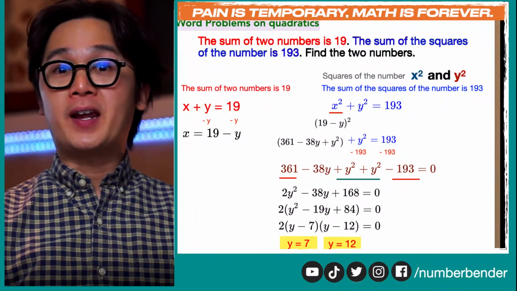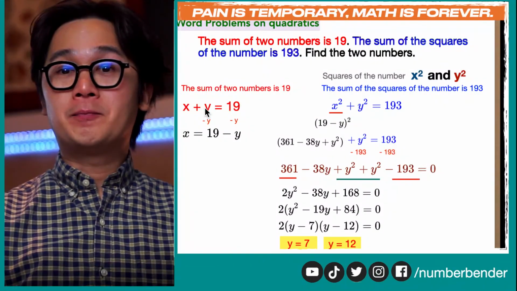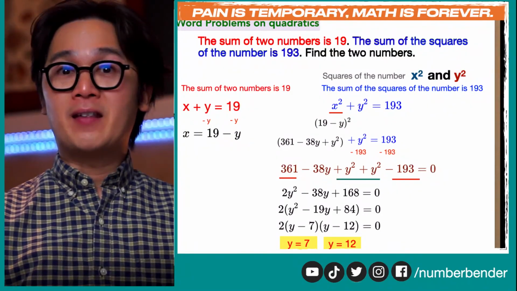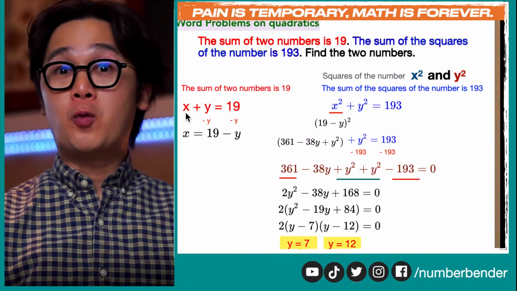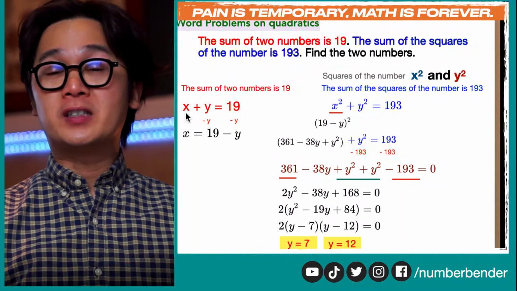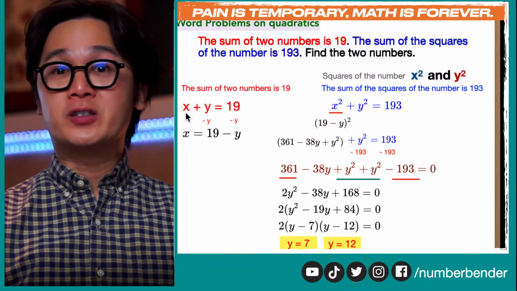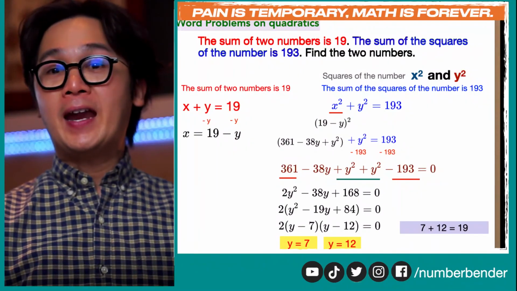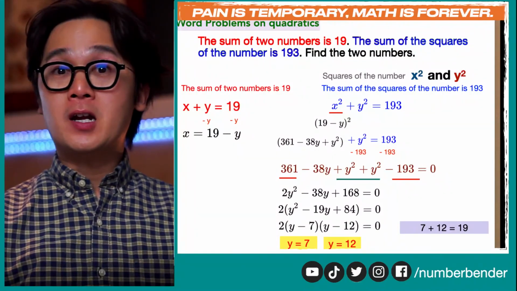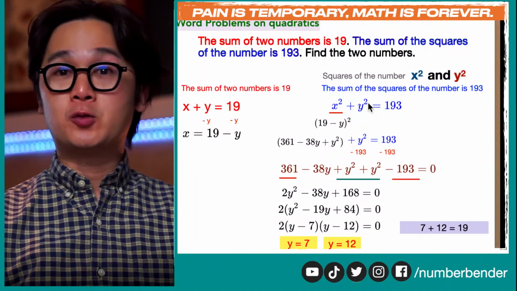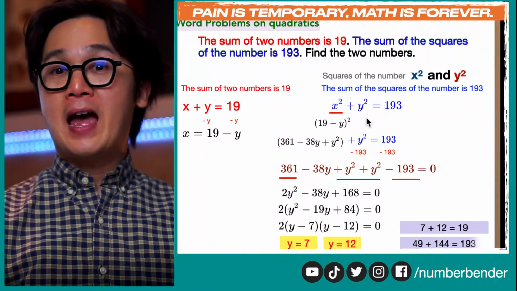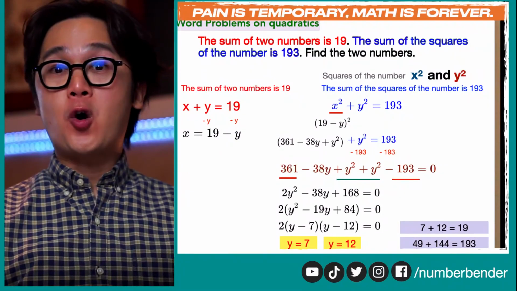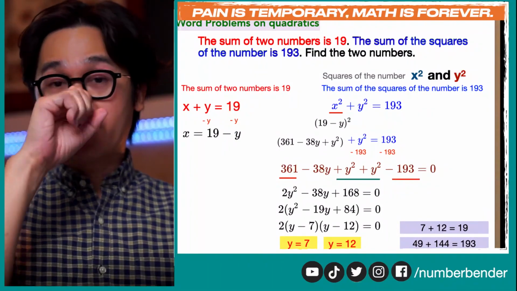So if I replace y by 7, and this is equal to 12, 12 plus y is going to equal 19. And if I square my numbers, x squared plus y squared, I will have 49 plus 144, which is equal to 193.